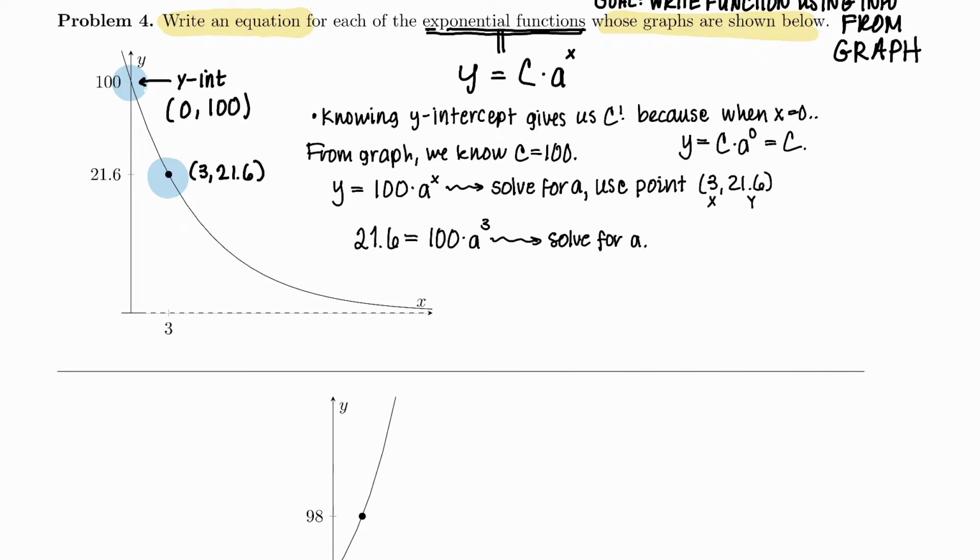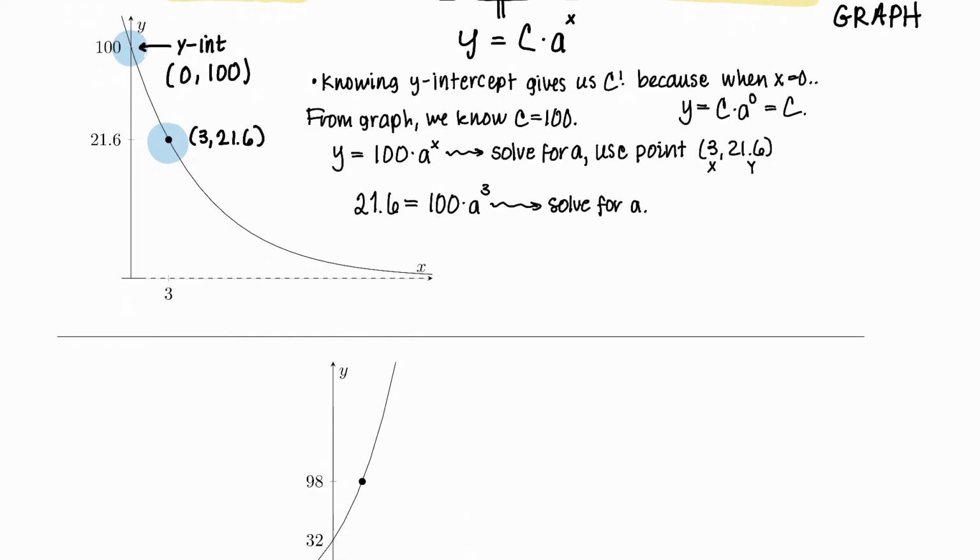Okay, so the first thing that I think I can do is divide both sides by 100, right? So I get 21.6 divided by 100 is equal to a cubed. Okay, so now what I can do to solve for a, remember I just want a equals something. A cubed equals something doesn't really help me in terms of writing the equation.